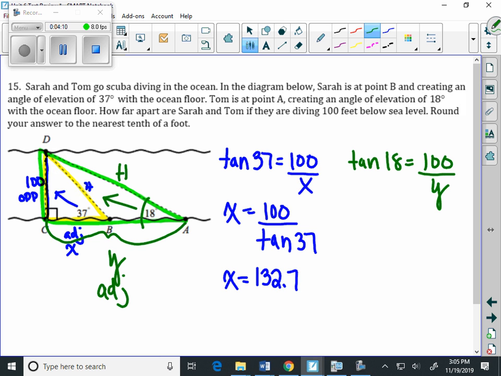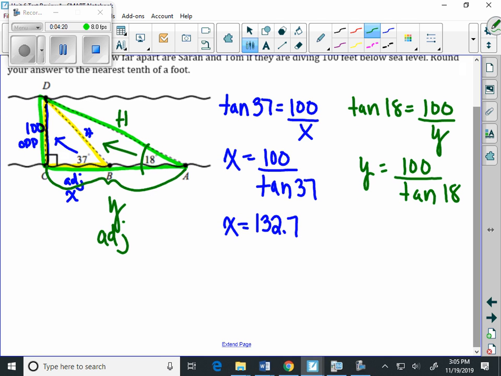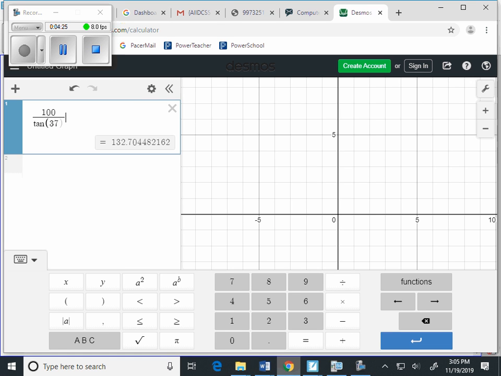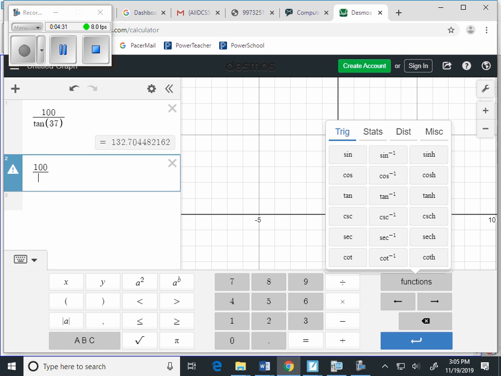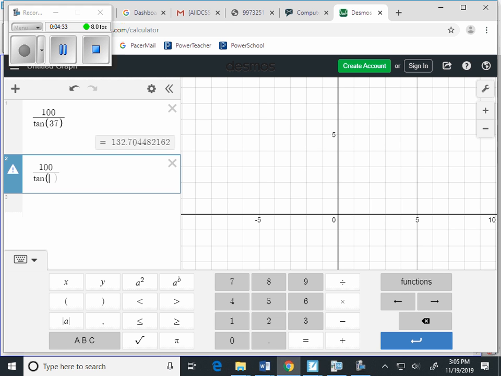Again, we're going to solve it the same way. We're going to trade places: the tangent of 18 and the y are going to trade places. Now that we've got that set up, we're going to go to decimals and type it in: 100 divided by tangent of 18.